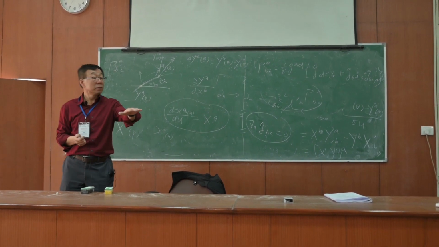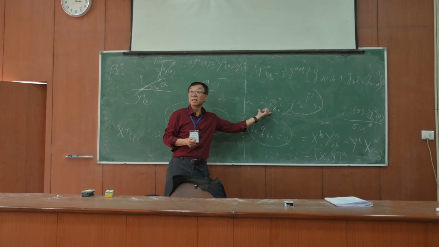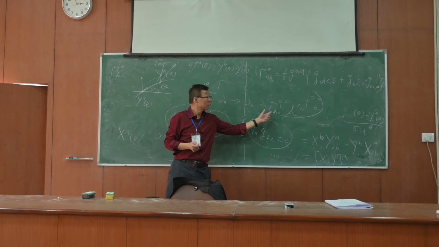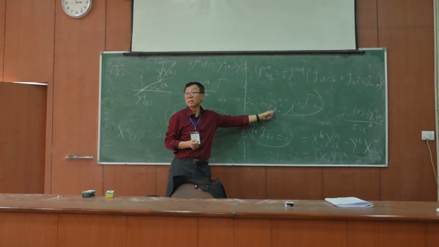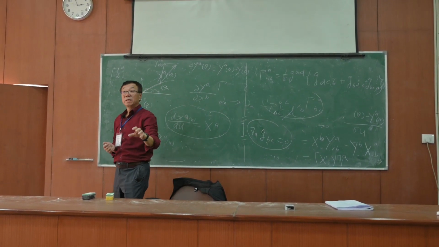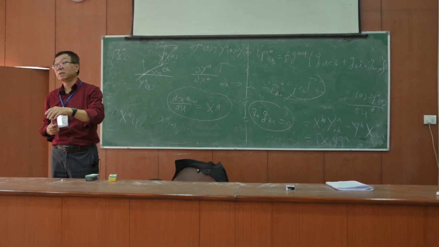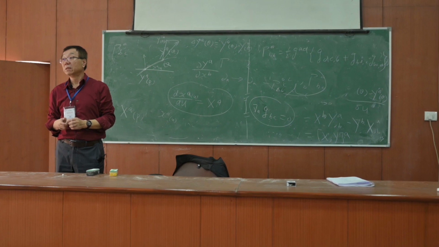So you introduce from the partial derivative another kind of covariant derivative. This has physical meaning. This is called the Yang-Mills field. Our modern physics is based on gauge field, and gauge field is based on Yang-Mills field.